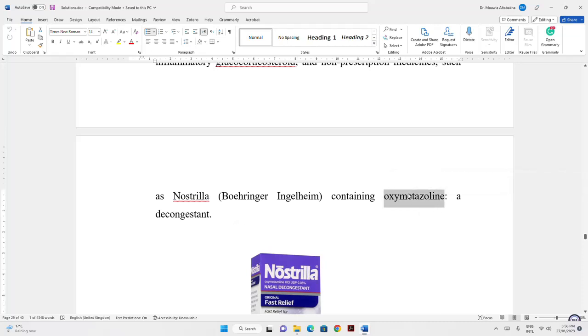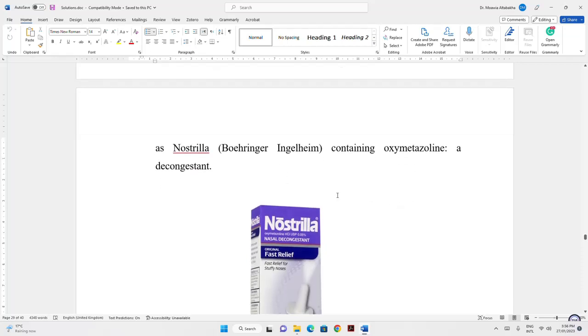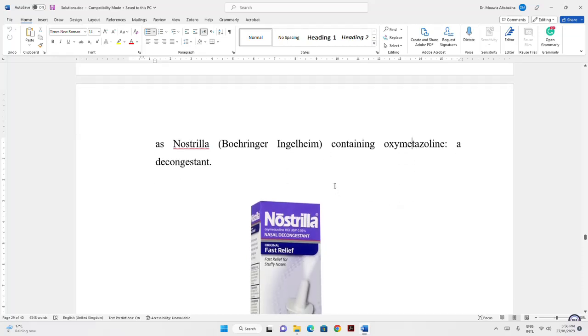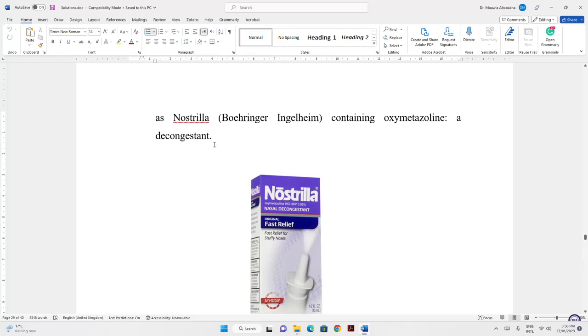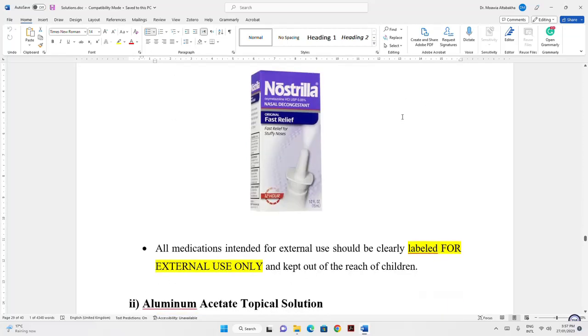Remember, a decongestant like oxymetazoline should not be administered more than about 5 days, because otherwise it will create compensation in the nose and it will actually deteriorate the congestion. يعني the nose will compensate for the action of oxymetazoline, and the congestion will become worse, and you will need even larger doses of oxymetazoline to counteract the congestion. Okay, so don't use it more than 5 days.